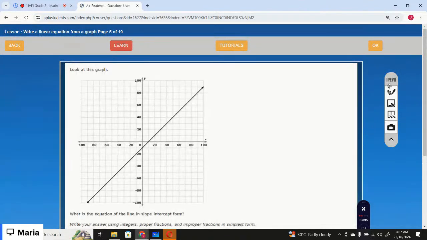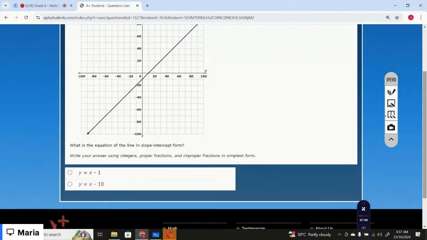Okay, the next one is look at this graph. What is the slope-intercept form? So which is the correct option?